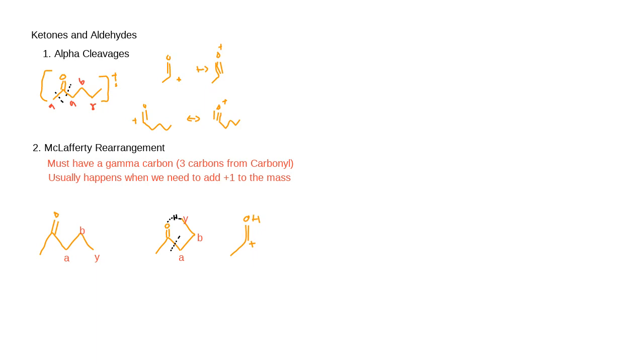Yeah, so it could look something like this, and I'm sorry, this is a little confusing to me as well. But it could look something like that, I think, but you also see it as an enol formation rather than the keto formation.